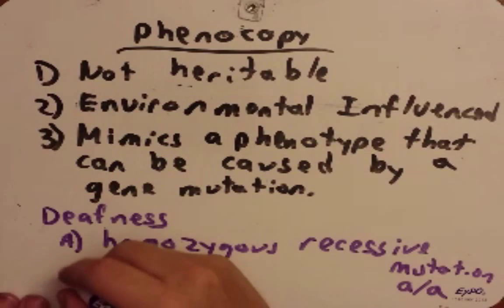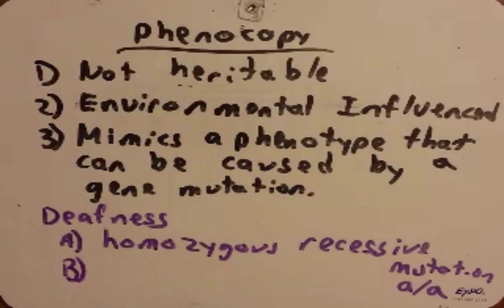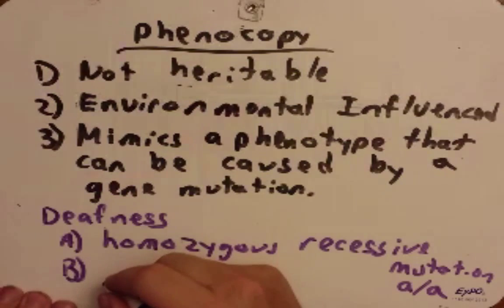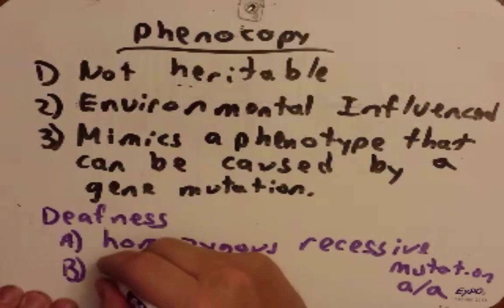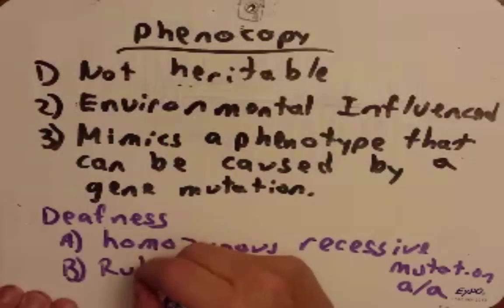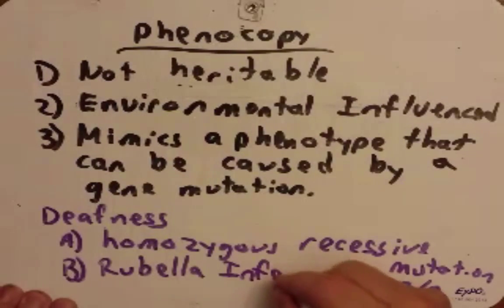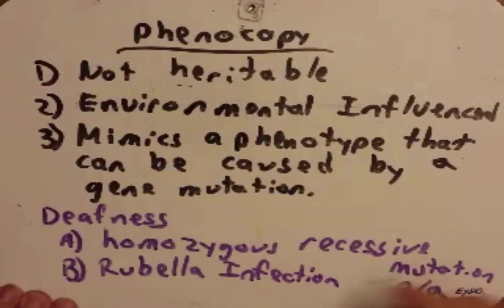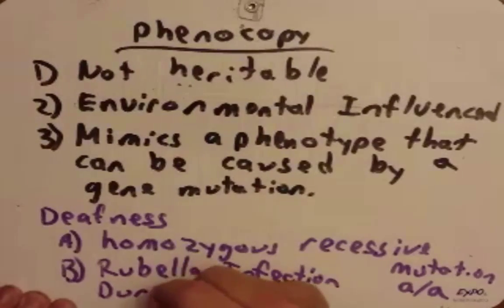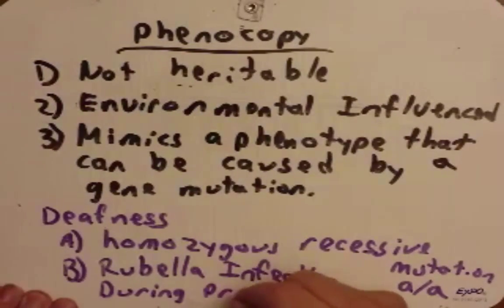We also know that sometimes somebody can have big A, no mutations at all, but still are deaf. And one example of this is a rubella infection during pregnancy.